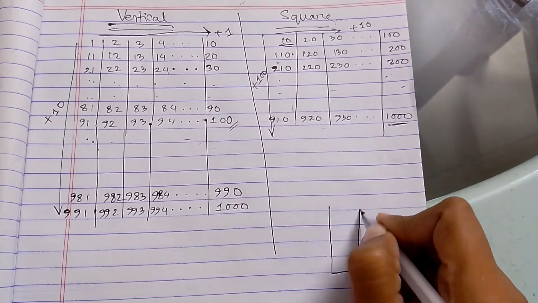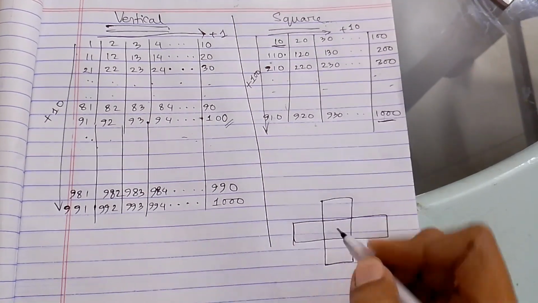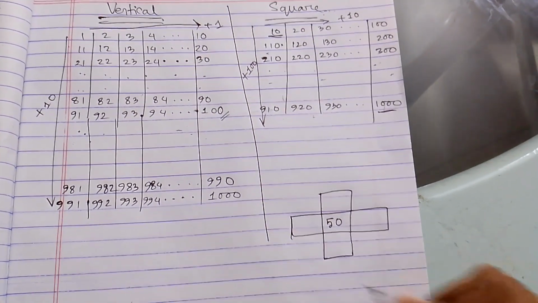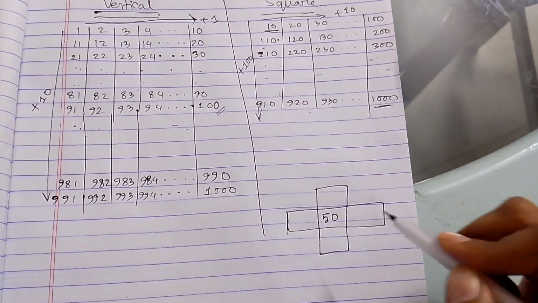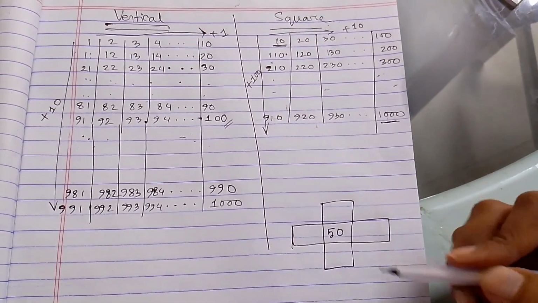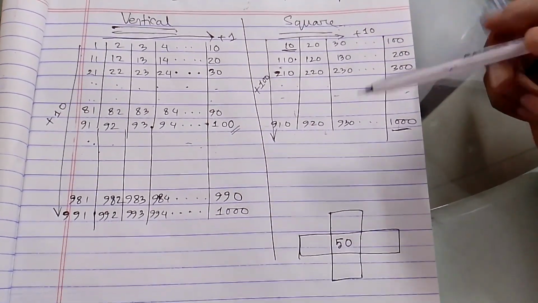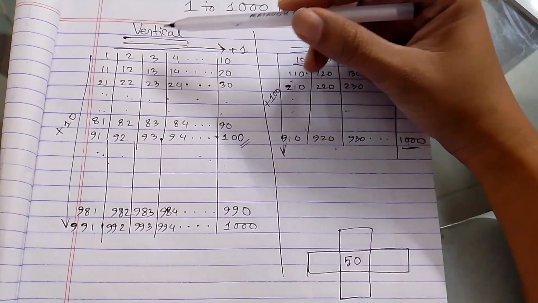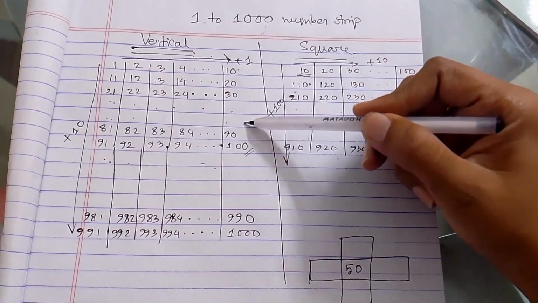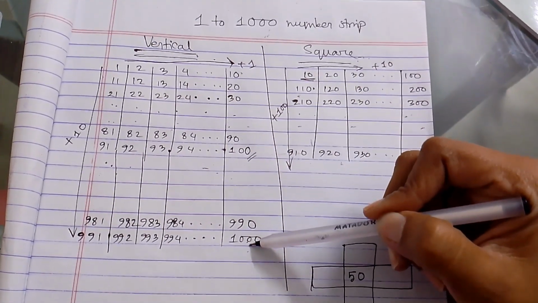For example, suppose this came in the exam hall. By looking at this, one can say that this is from the square model, because if you look closely, in a vertical model the number 0 appears only in the farthest right column.